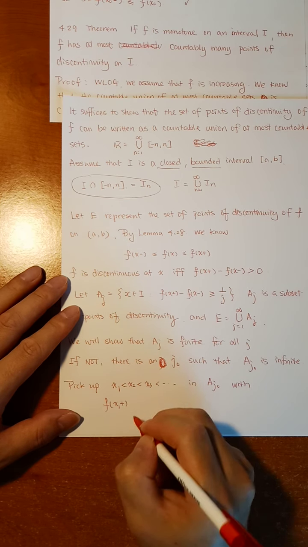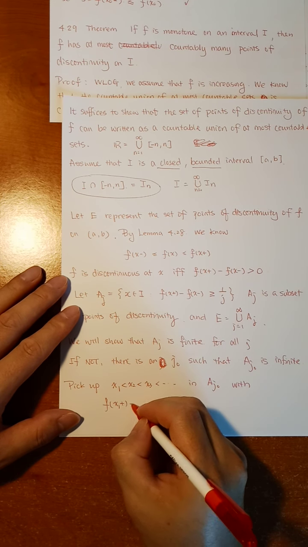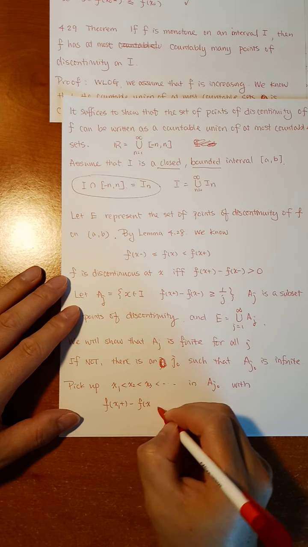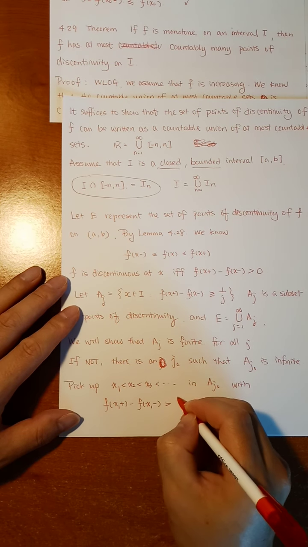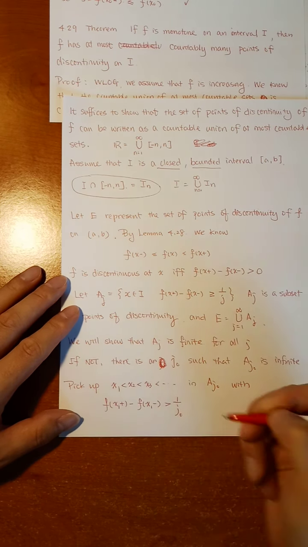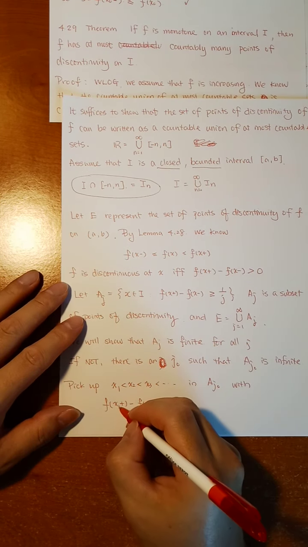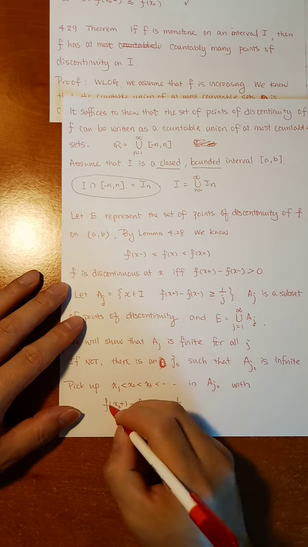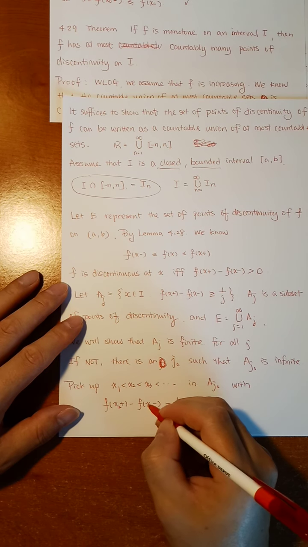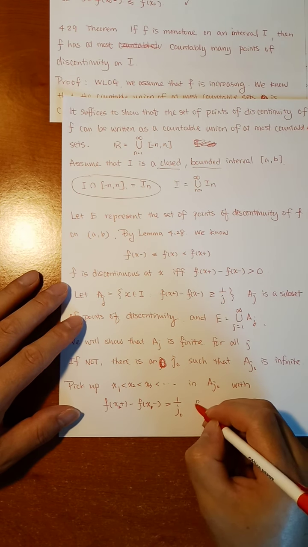f(x_1+) minus f(x_1-) is greater than 1 over j_0. And actually, let's put k: f(x_k+) minus f(x_k-) is greater than 1 over j_0 for all k.